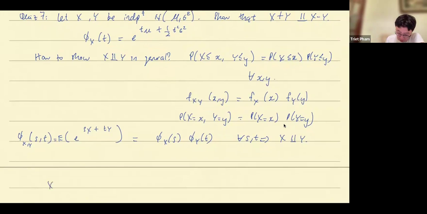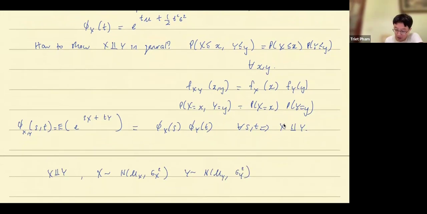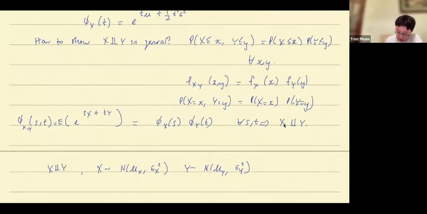Let's suppose that X and Y are independent normals, but with different means and different variances. Then the moment generating function of X is like this. The moment generating function of Y is like this.